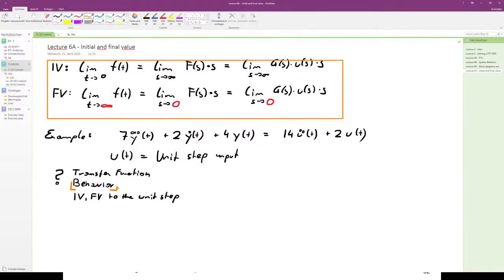Anybody has an idea what this system could be? Is it a proportional system? Is it an integrating system? Does it have lag? What's the order of the lag?